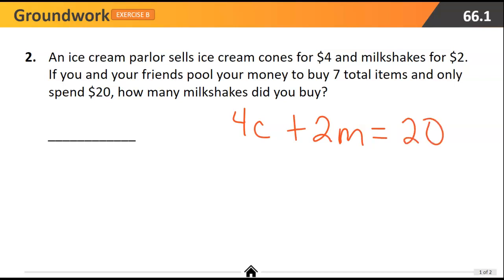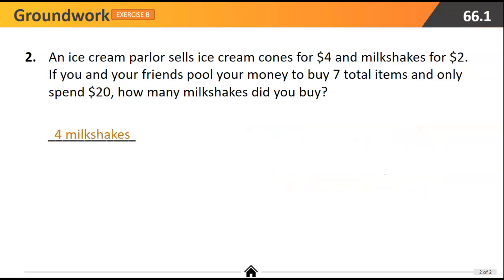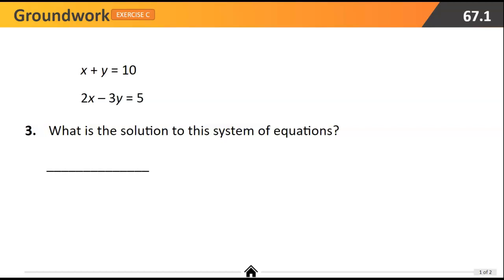Now that money is consisting of cones and milkshakes per 7 items. We can then combine equations to determine the solution, but I'll let you know that there are 4 milkshakes in our solution and 3 ice cream cones.